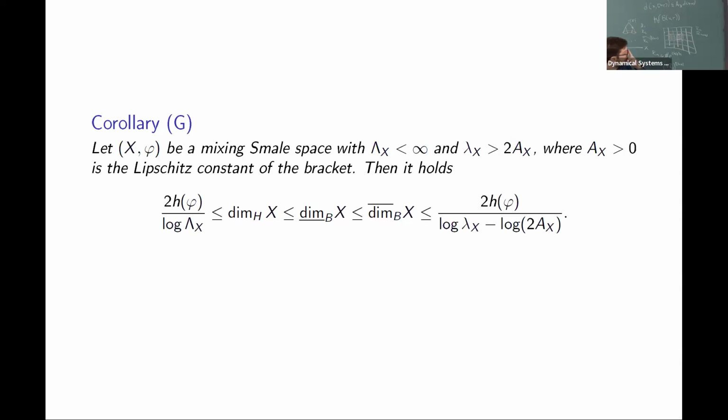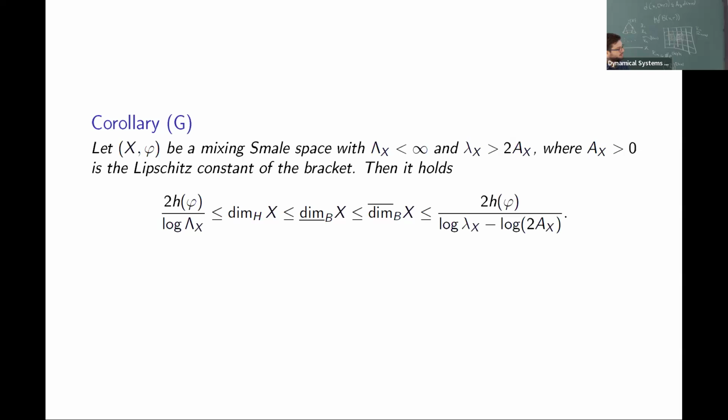Then you have this estimate for the Hausdorff and box dimensions. The lower estimate enhances an estimate from Fathy obtained for the lower box dimension, where the first estimate was the entropy over the logarithm of the Lipschitz constant, but now it's 2 times. So it's closer to that.